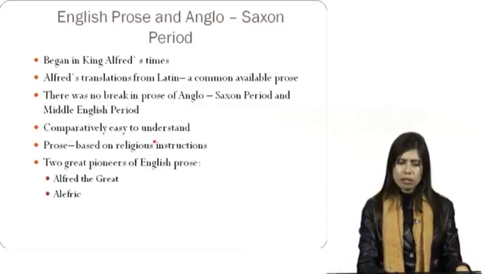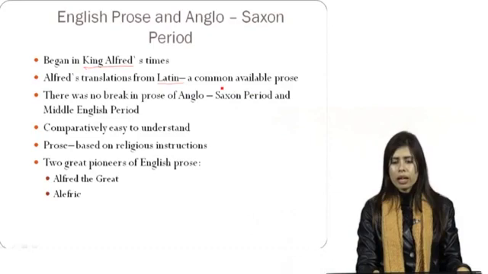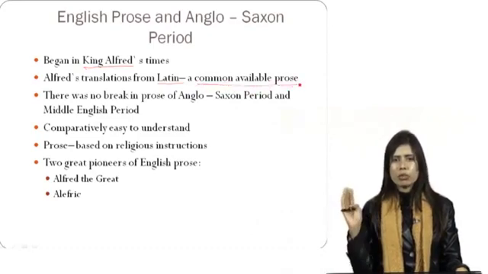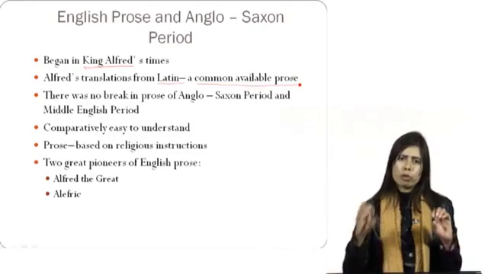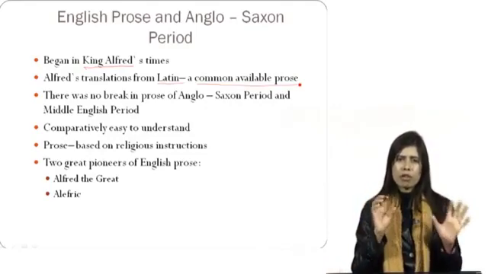King Alfred. The literature was in the Latin language because it was the commonly available prose. He translated what was written in Latin into English in order to provide it to the common masses of his country.